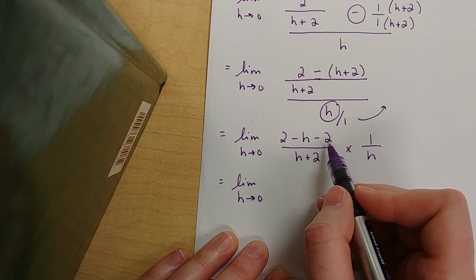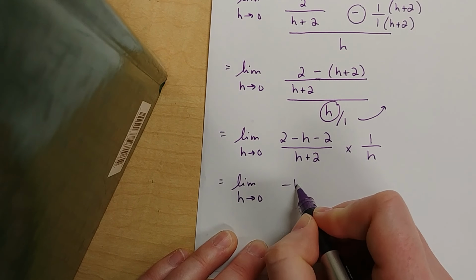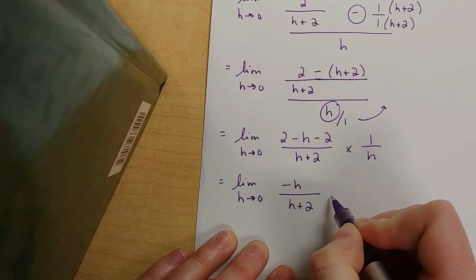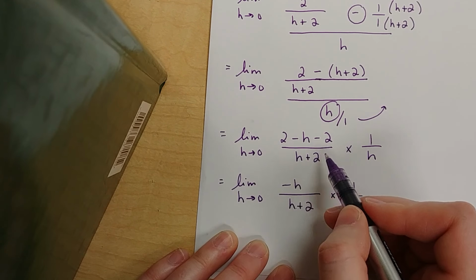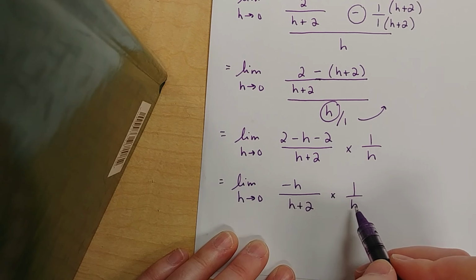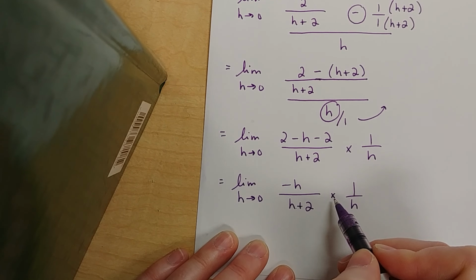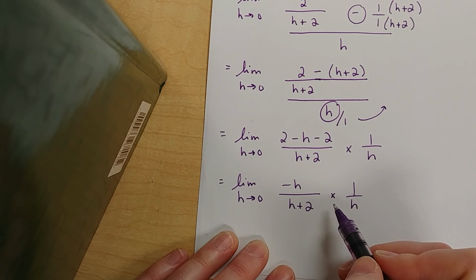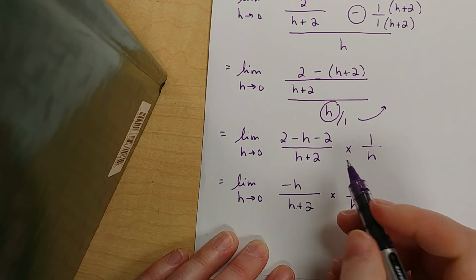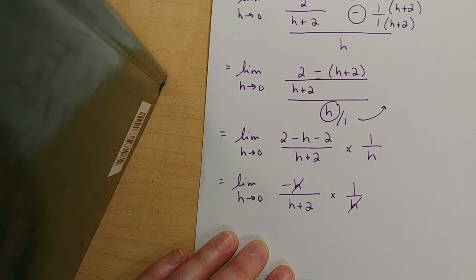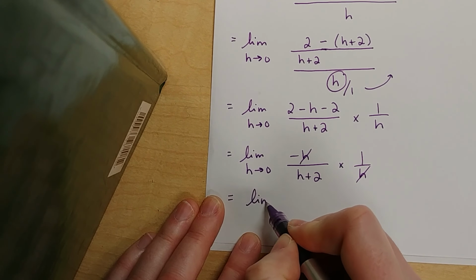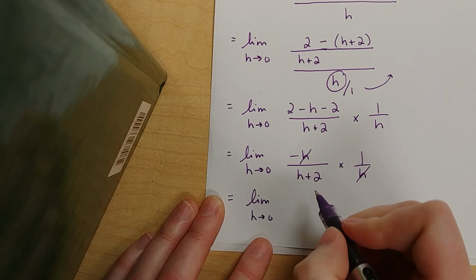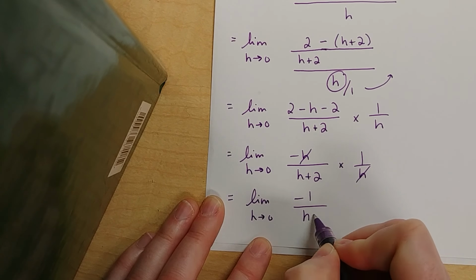I got 2 minus 2, which is gone, leaving me with negative h over h plus 2 times 1 over h. And now that the constant values are gone and we only have a minus h here, there's nothing stopping us from simplifying. This is linked by a multiplication sign. There's no addition between the terms that I'm trying to divide out. So I can do h divided by h and simplify this for me a little bit, which means all I'm really doing here is taking the limit as h approaches 0 of -1 over h plus 2.